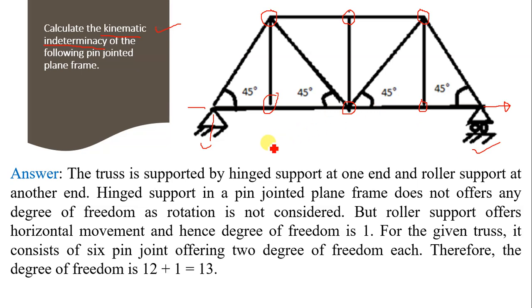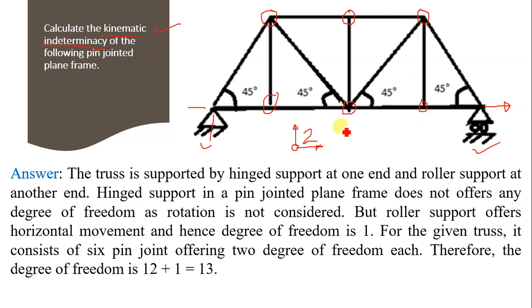There are 6 joints, and we know in case of a plane truss each joint offers 2 degrees of freedom. Means it can move in vertical direction or it can move in horizontal direction. So 2 freedoms per joint are there. So there are 6 joints.